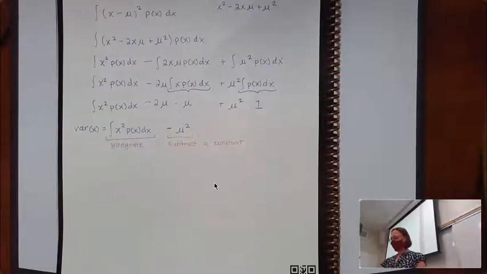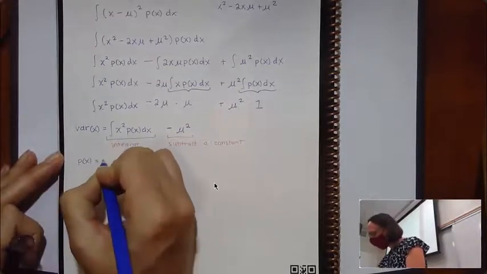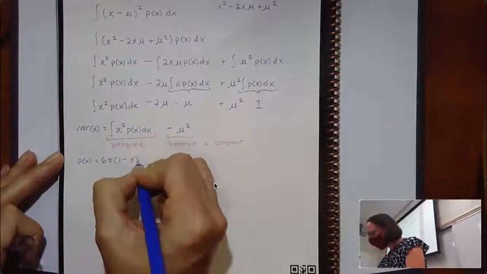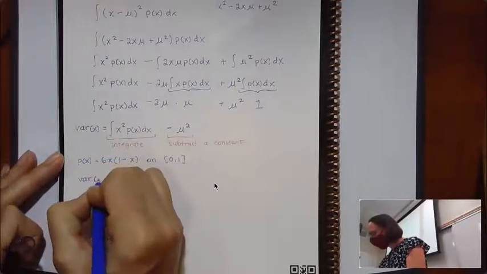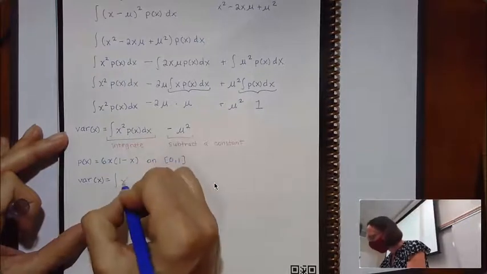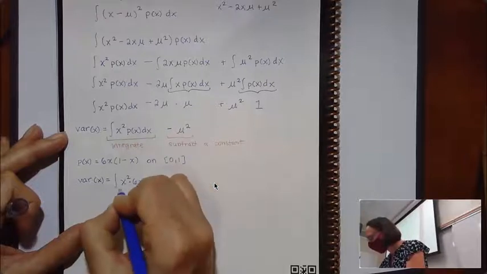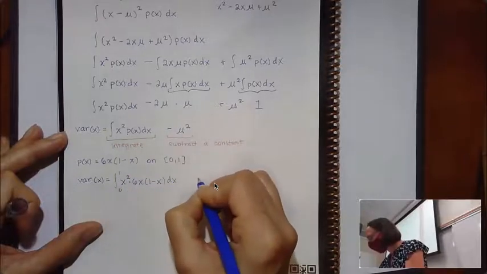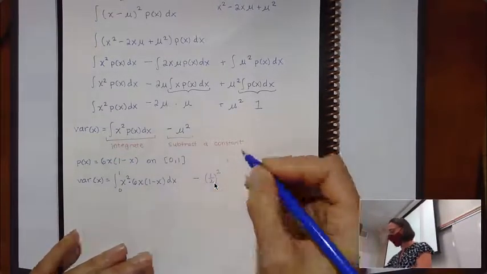Let's apply this to the function we've got going. So looping back around, our density function is 6x times 1 minus x on 0 to 1. So if I wanted to find the variance of x, this would look like the integral of x squared times 6x 1 minus x on 0 to 1 minus what we just found for mu, which was 1/2 squared.